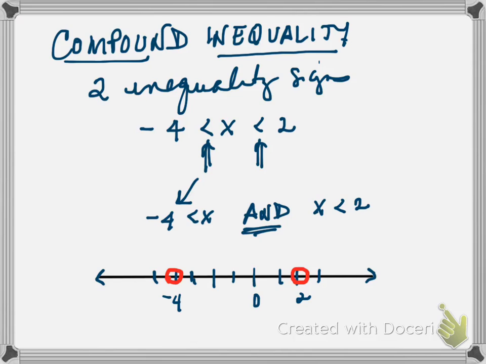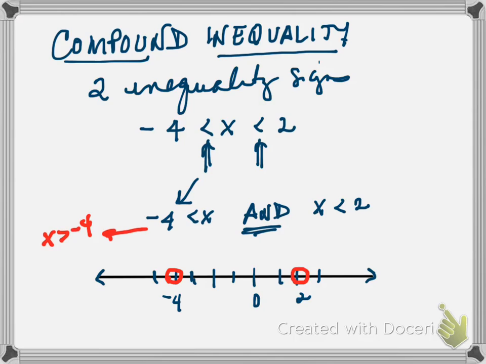And then you're going to shade. This one over here, negative 4 is less than x. This can be rewritten, if it makes more sense to you, as x is greater than negative 4. These are the same thing. I just stated it differently by using a greater than sign.